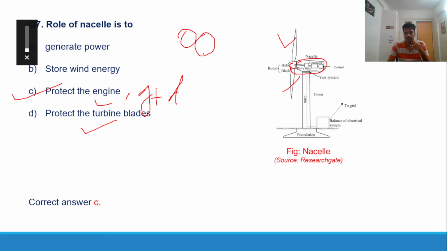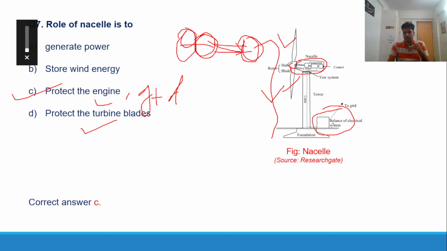A big gear is there, a small gear is there, and this gear is connected to a generator shaft, and that's how the power is produced and transferred to the transformer here. Through this the power goes to the grid or home.